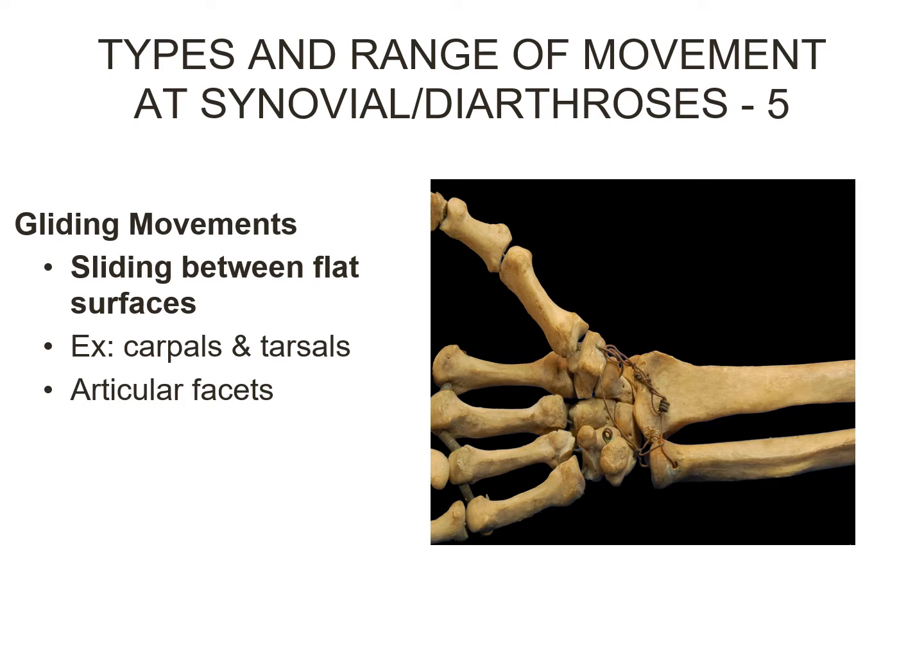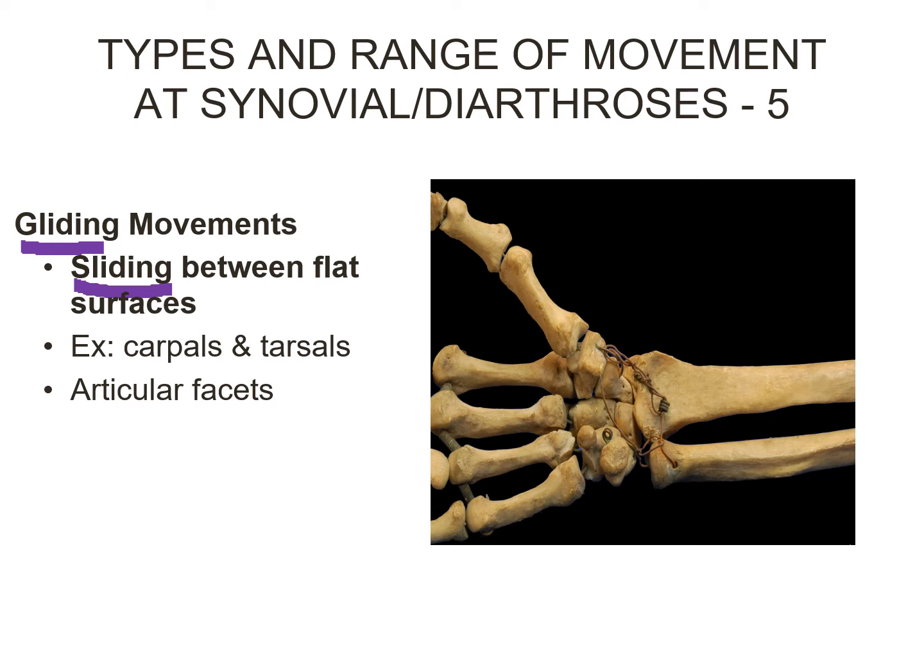Other types of synovial movements are gliding movements. Another type of description that we can call gliding is sliding. Gliding, sliding, kind of the same thing. Also slipping, very similar. This occurs in areas where the bones are really, really small, and therefore they're not working individually, they're working collectively as a unit.